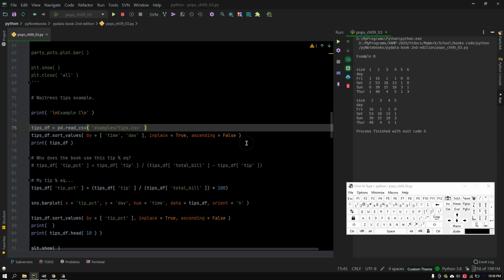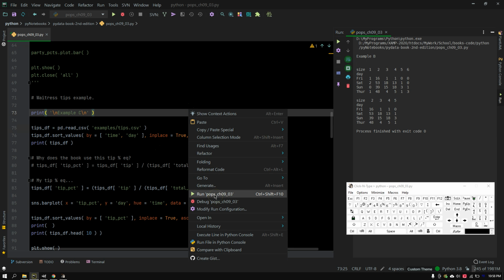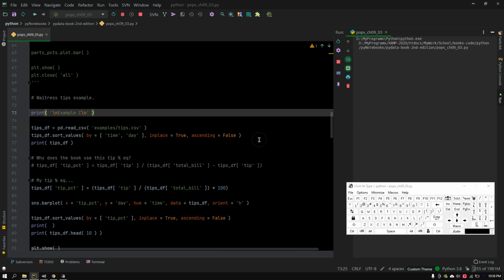I added this line here to sort it by time, which is the morning or afternoon or evening, and then the day of the week inside every one of those, to see about the Thursdays. We have a little situation where apparently there's no data for a couple of times there.